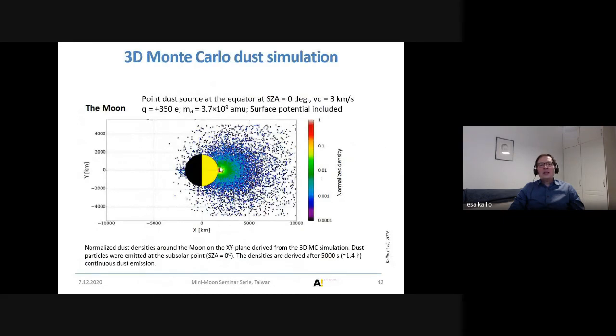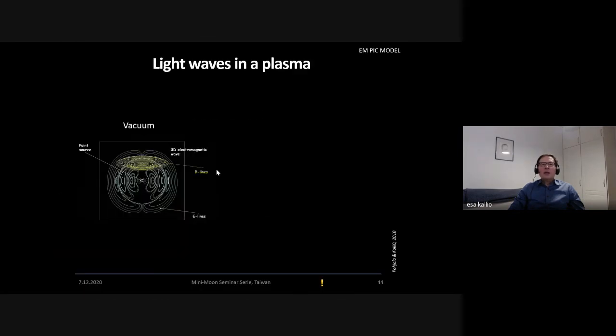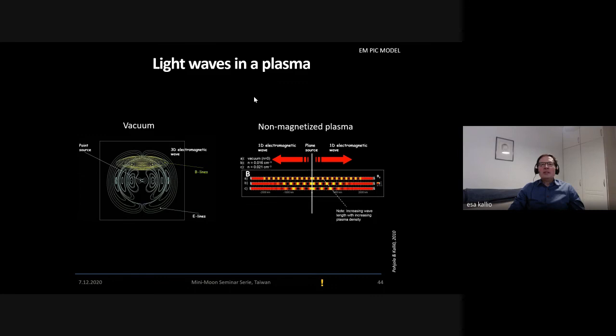Here is one example. We have a dust particle emission here, and we have the electric sheath potential, and now a quite intensive dust cloud is formed around the moon. Waves: I will just mention that if you want to investigate waves, for example light waves, you have to use an electromagnetic PIC model.